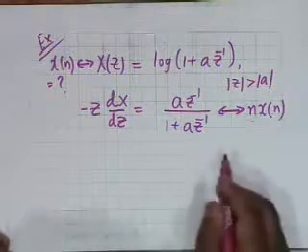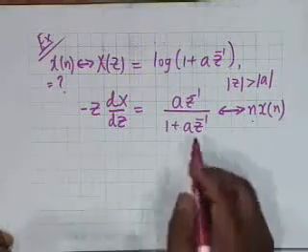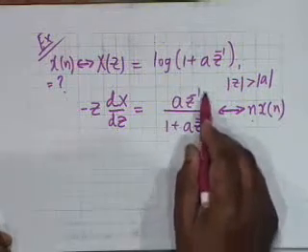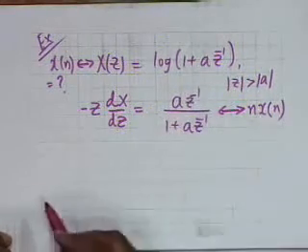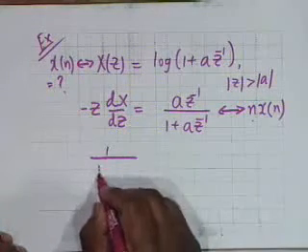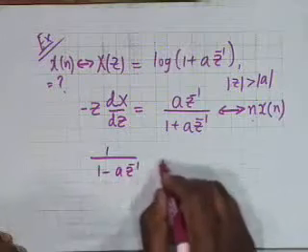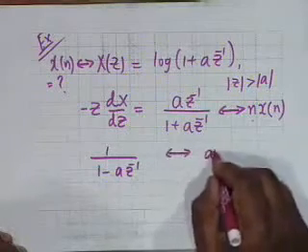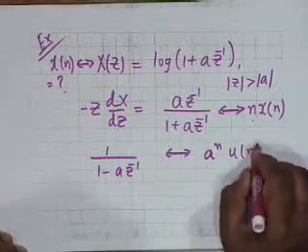Now, how do we find out the inverse z transform of this? We proceed step by step. We know that 1 by 1 minus a z inverse is the z transform of a to the n u of n.